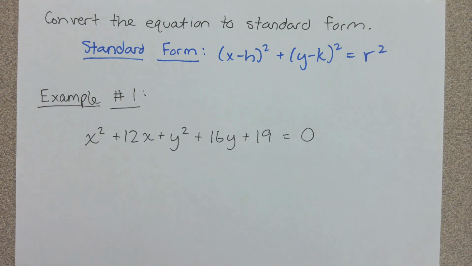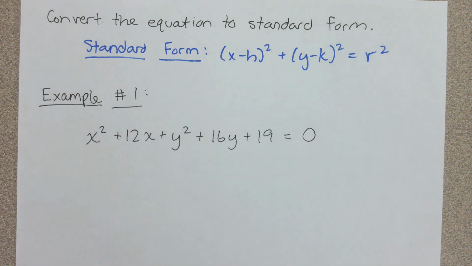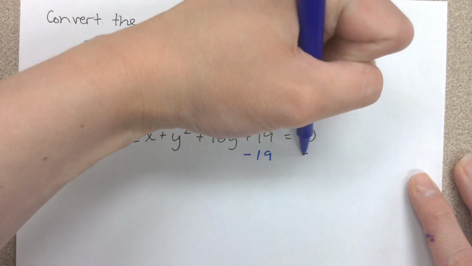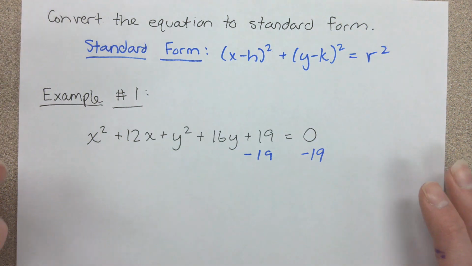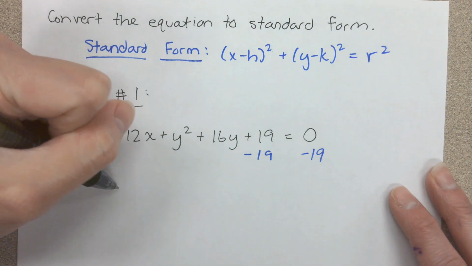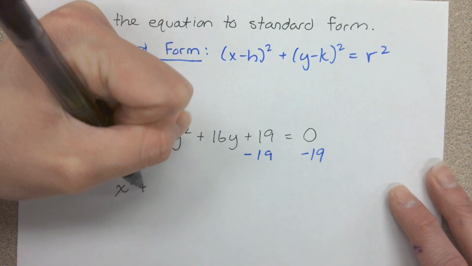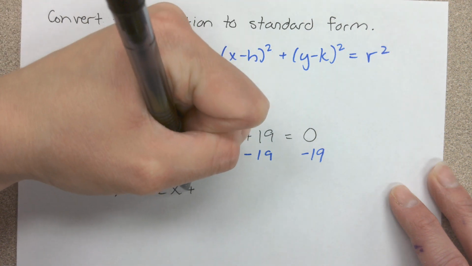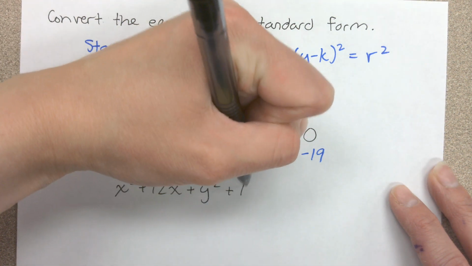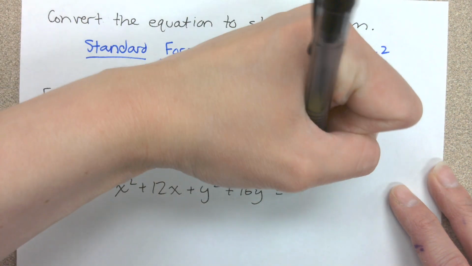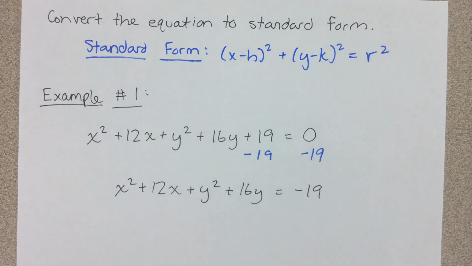Logic is going to be the same. So first off, we need all the variables on the left side. The 19 has to go. So we'll subtract it to the right side. Now we're left with x squared plus 12x plus y squared plus 16y equals negative 19.